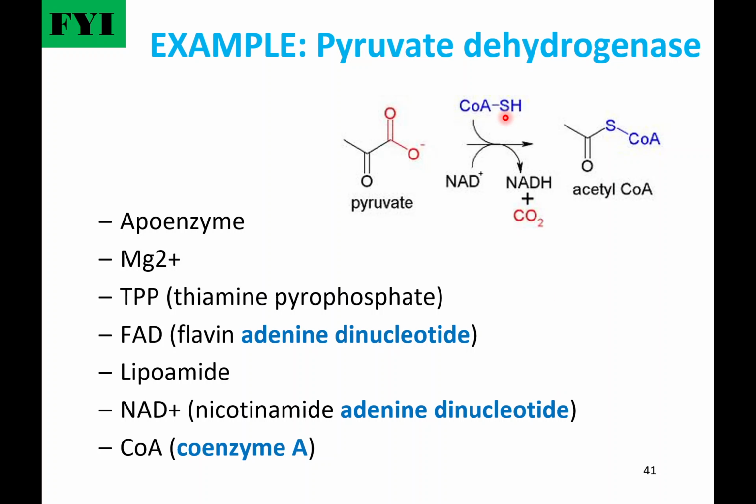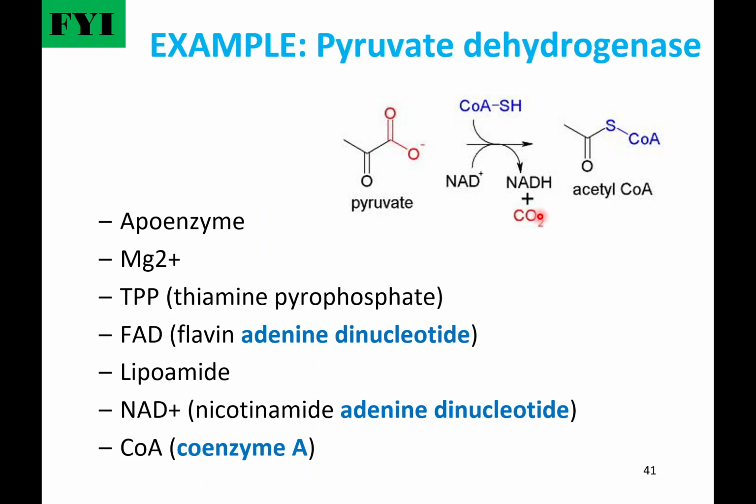And just briefly, the coenzyme A comes in, pyruvate dehydrogenase takes off a CO2 from pyruvate, and then it sticks the acetyl group that's left over onto coenzyme A, and that gives you acetyl-CoA. Right, CoA just stands for coenzyme A. So you have an acetyl group attached via that sulfur group on coenzyme A. And to do that, this complex will use an NAD and convert it to NADH, which is the reduced form.